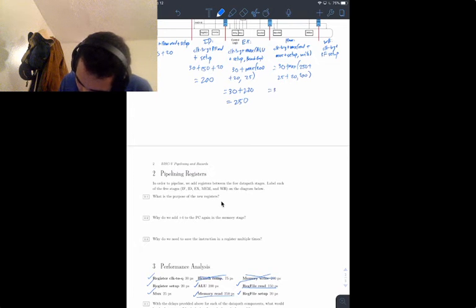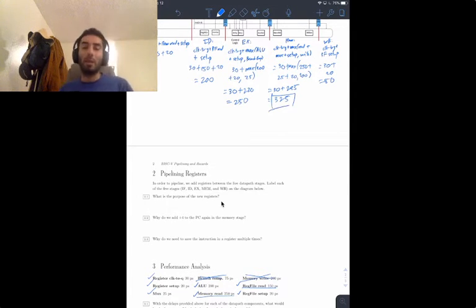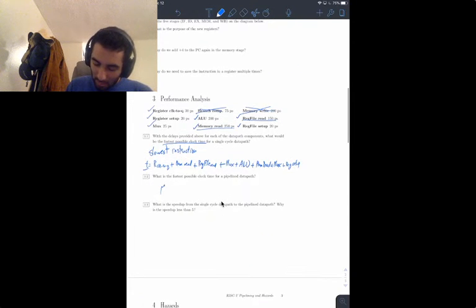So that's equal to 30 plus, obviously the reading takes much longer, so it'd be 250 plus 25 plus 20, which is 295. So this gives us a total time of 325. And then lastly, the write back stage is just clock to queue plus the register file setup, which is 20, which is just 50. So obviously, the memory is our bottleneck stage. It takes 325 picoseconds.